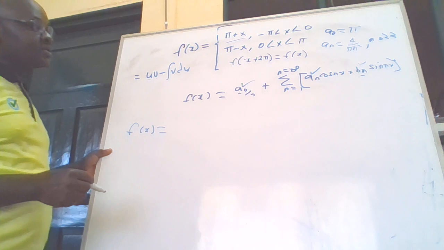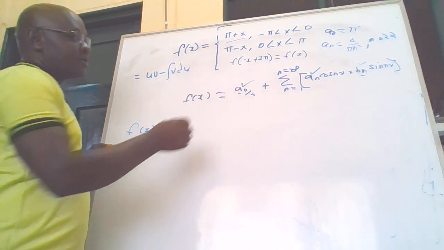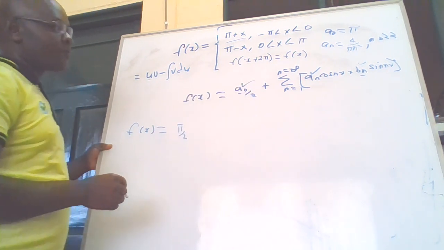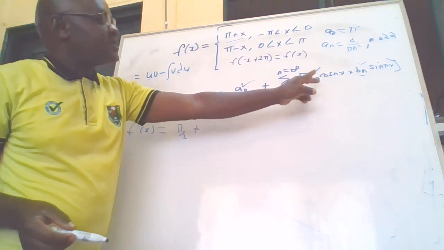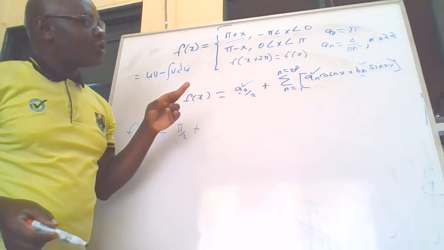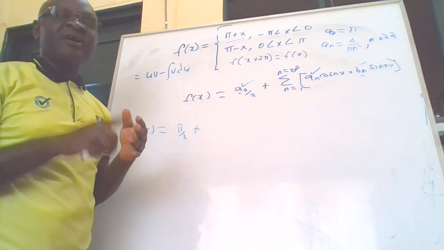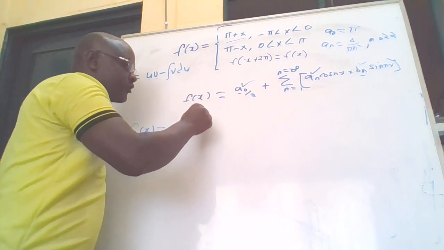Now the Fourier series equals, our A0 is pi. Remember this was, so it will be pi over 2, then plus. Remember Pn is 0, so we have An. We are saying that An equals 4 over pi n, but remember when n is odd, so we shall consider 1, 3, 5 odd numbers, so we shall have 4.